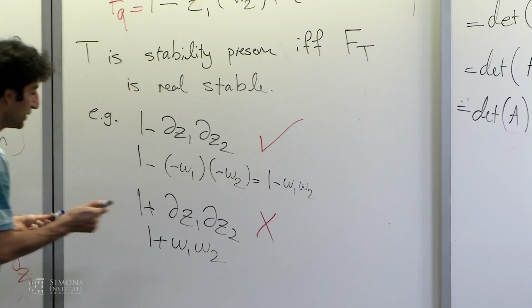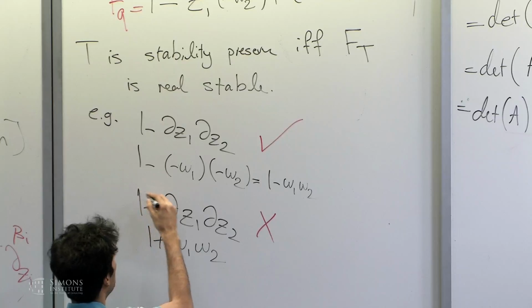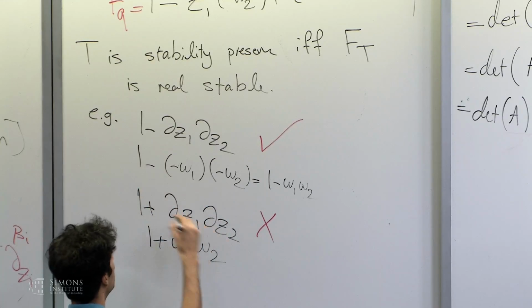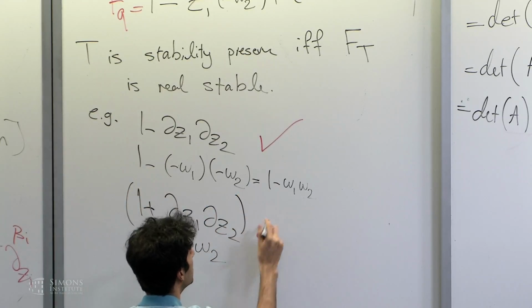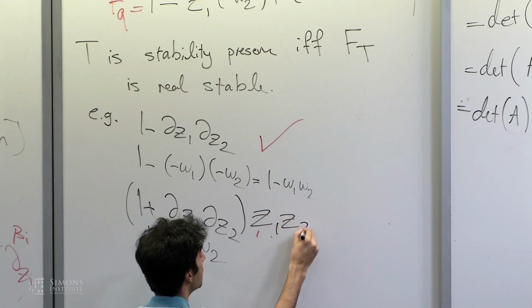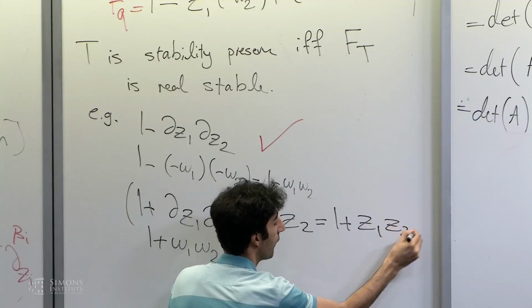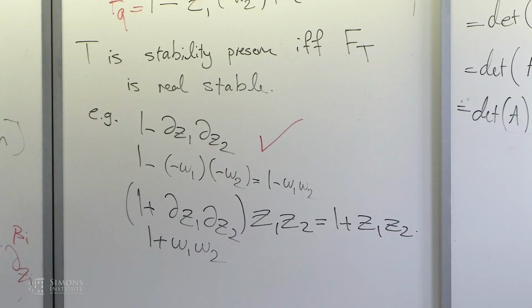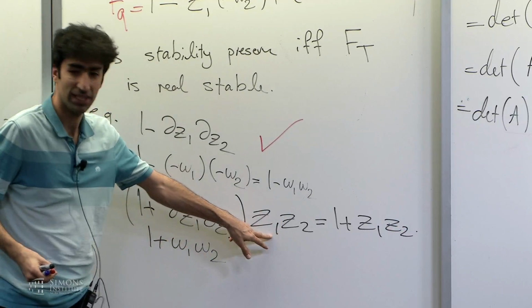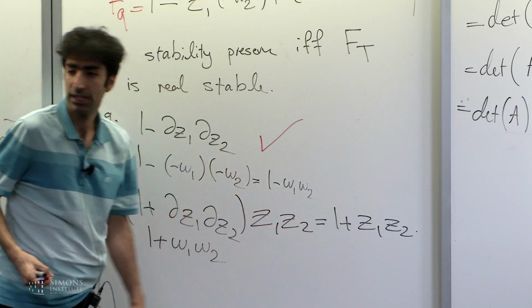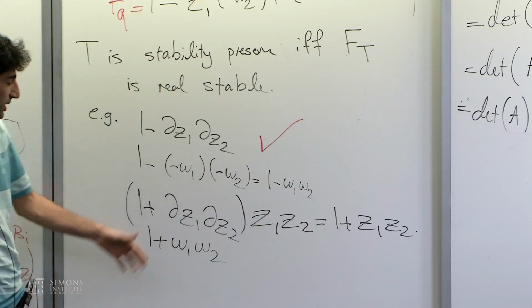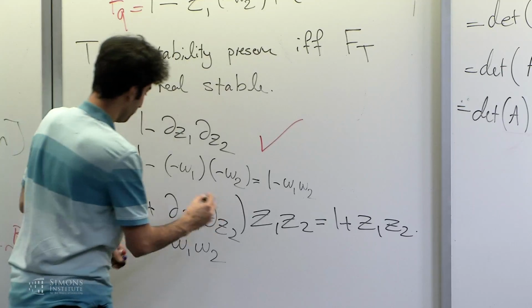In this case, it's easy to prove. If you apply this to z1 z2, you actually get 1 plus z1 z2. So even though this polynomial is real stable, when I apply the operator, I get a non-stable polynomial. So this is not a stability preserver operator.